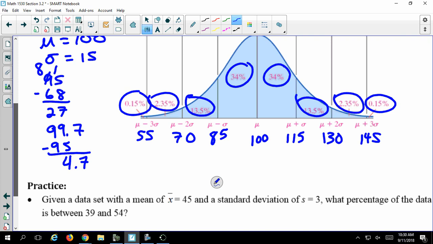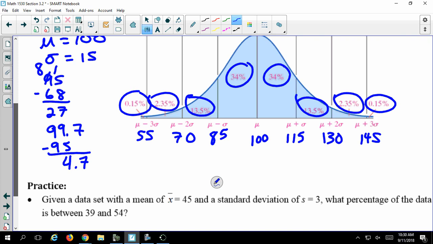There's some good news and bad news. The bad news is I'm going to make you draw this on the test. You have to draw this picture. The good news is that you have this generic template on your formula sheet with all the percentages on it.